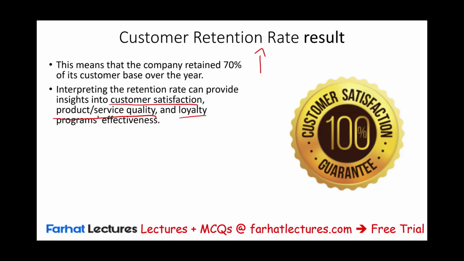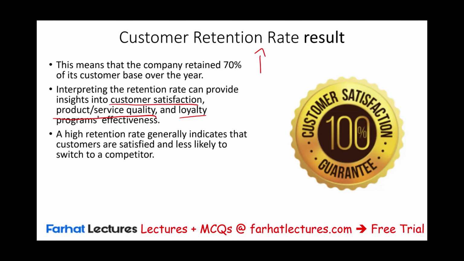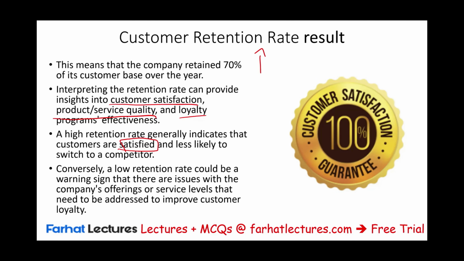How are you keeping the customers loyal? So a high retention rate generally indicates that the customers are satisfied and less likely to switch to a competitor. On the other hand, a low retention rate could be a warning sign there are issues with the company's offering or services that need to be addressed to improve customer loyalty.